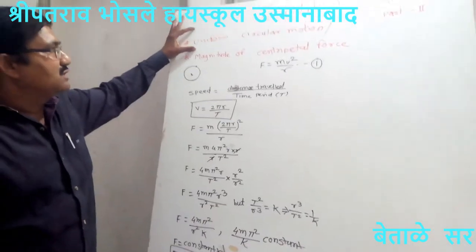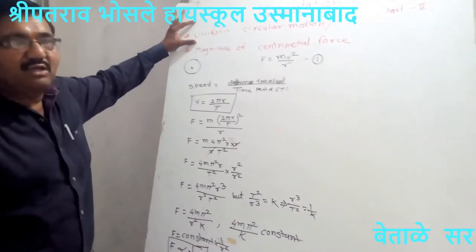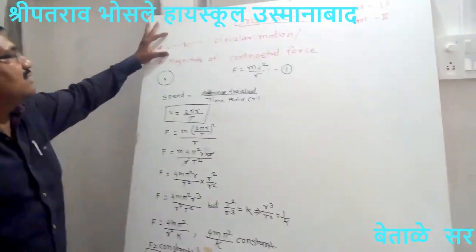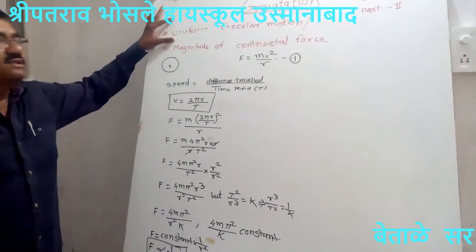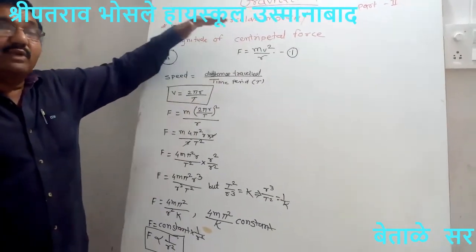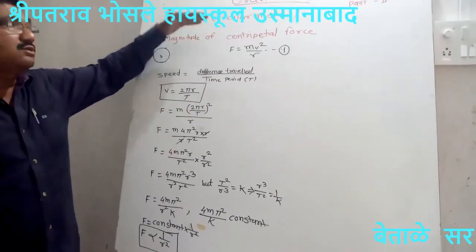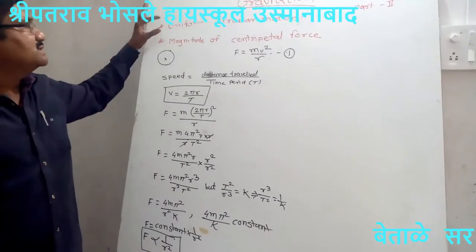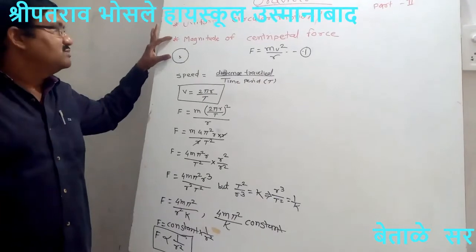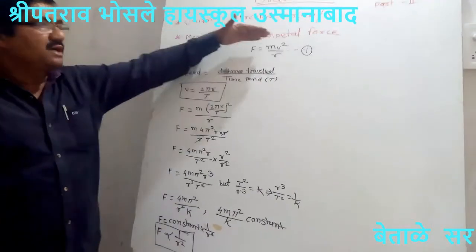युनिफॉर्म सर्क्युलर मोशन मध्ये पाहत असताना काय केलं आपण, सर्क्युलर मोशन डेफिनेशन पाहिली होती कोणती, that is when an object is moving along the circle, that is circumference of the circle, it is known as circular motion. But when this object is moving with a constant speed, it is known as the uniform circular motion, and force acts on that object, that is centripetal force.